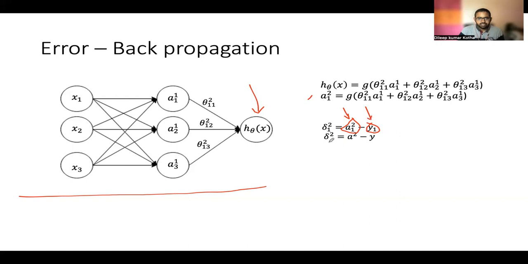And if you represent it in vector notation, if you have a multi-class classification problem, we'll have multiple hypotheses and multiple output error values. So for layer 2, the error value is the hypothesis calculated at layer 2 minus the expected test result, which is y. So now we have the error calculated at layer 2.